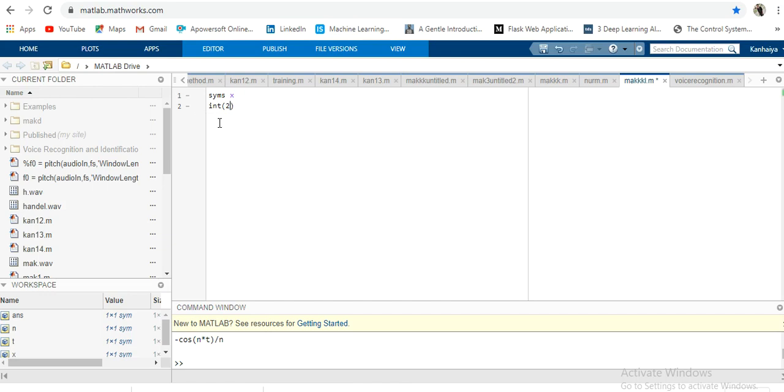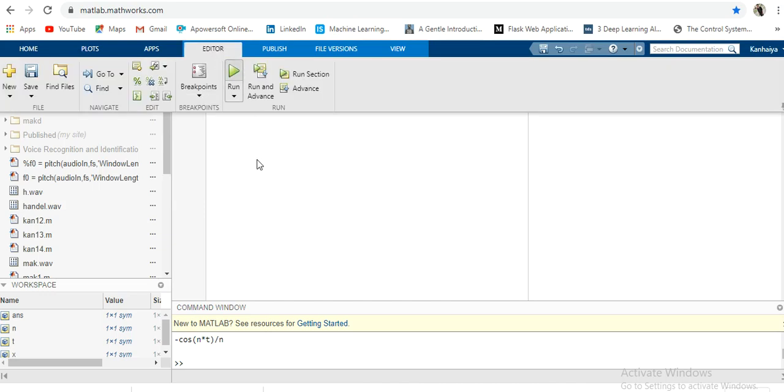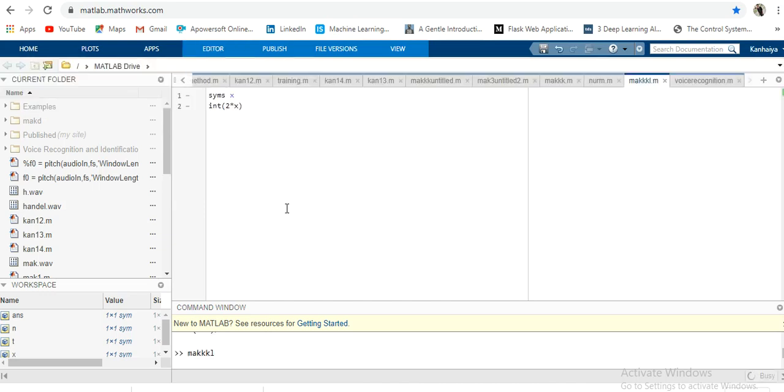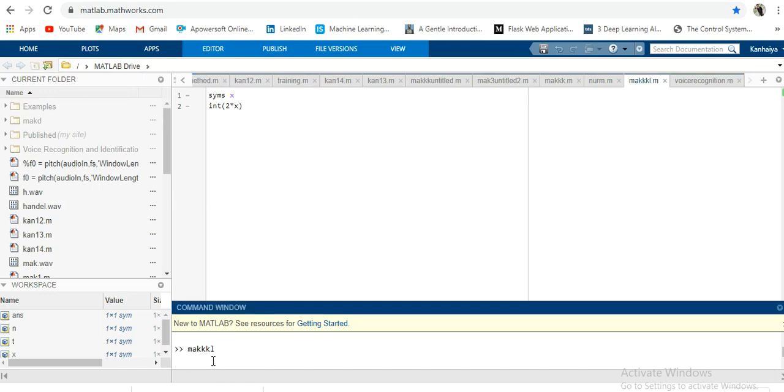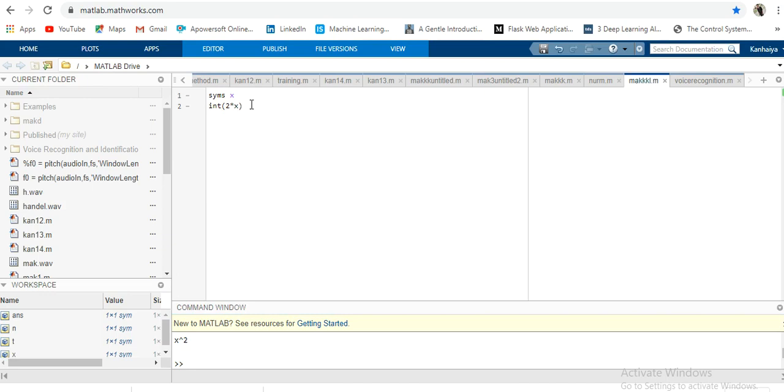We will run it. It is giving x square. Yes, it's correct. That means 2 x square by 2, the 2 will be gone by 2, so it will become x square. It's giving the right answer. Very simple, one line of answer.